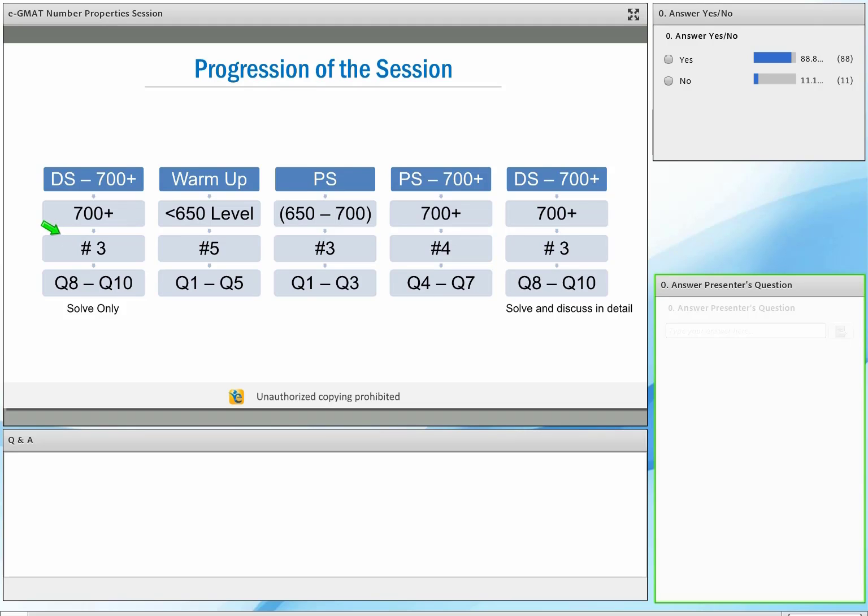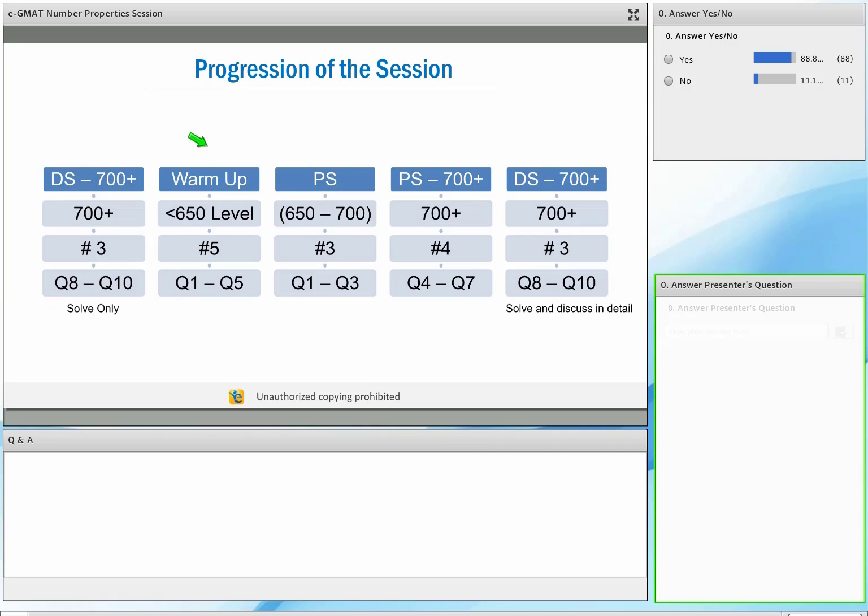So essentially, the way this session is organized is that you first just solve certain difficult questions so that you know, okay, are you able to solve these questions? As you're solving these, I want you to think about what level of confidence you have while solving these questions, right?